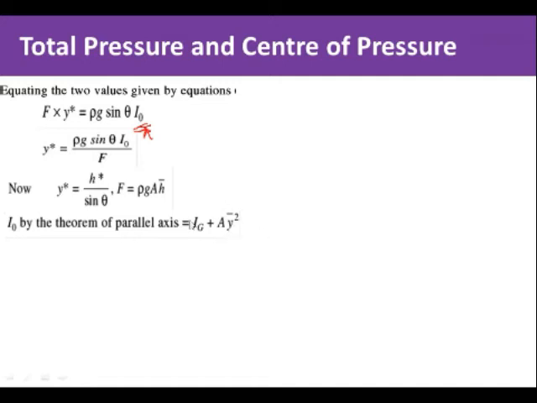I think this is the formula you learned in 12th. So the moment of inertia about any axis OO equals the moment of inertia about its center of gravity IG plus A y bar square.